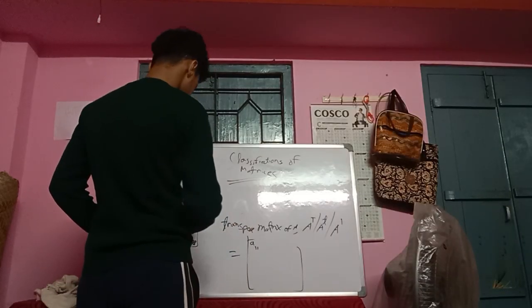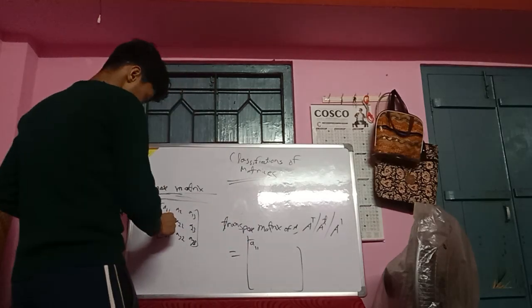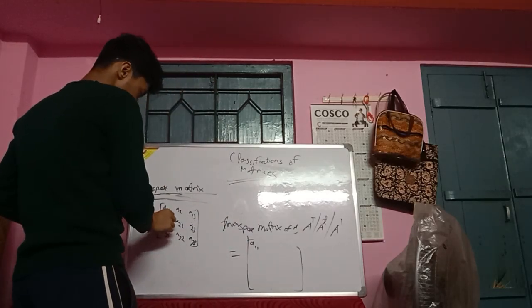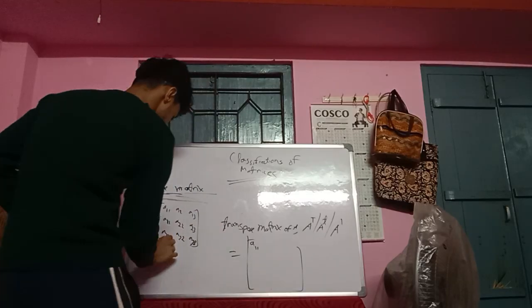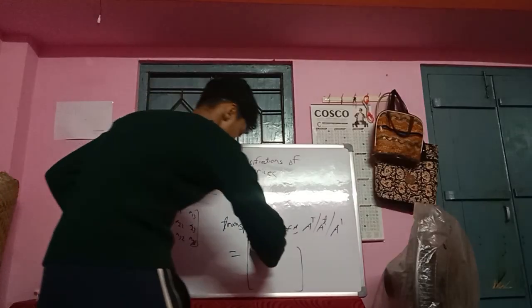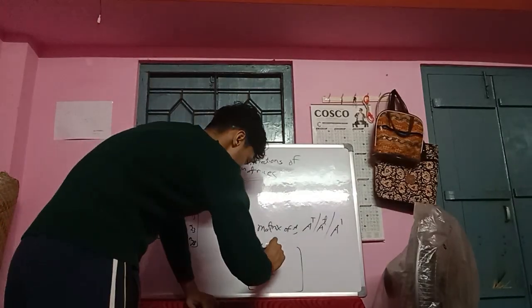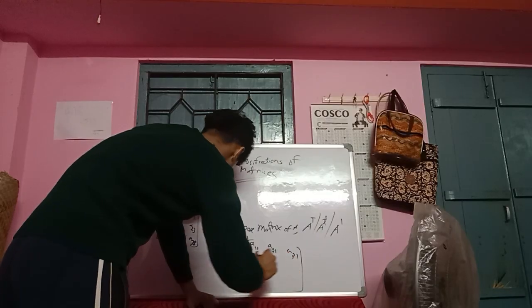And in second place, instead of element A12, we would have, this time, rows would take place. Like here you can see that rows are going this way, but in this one, this particular group of elements would be written as A21, A31.